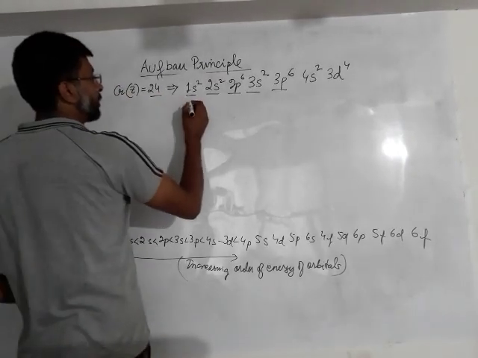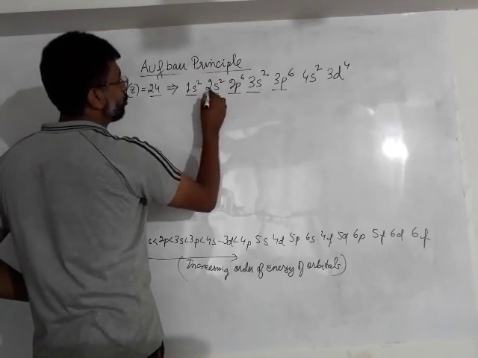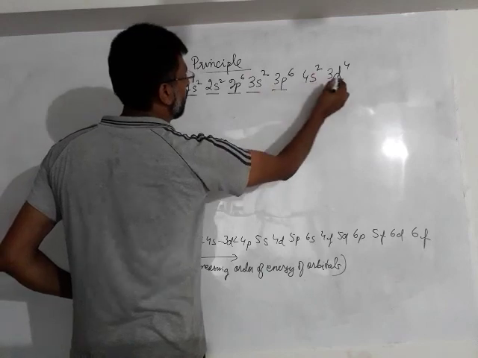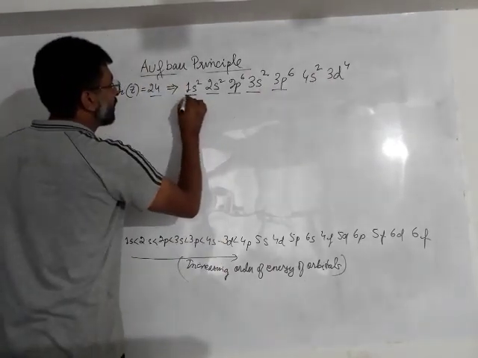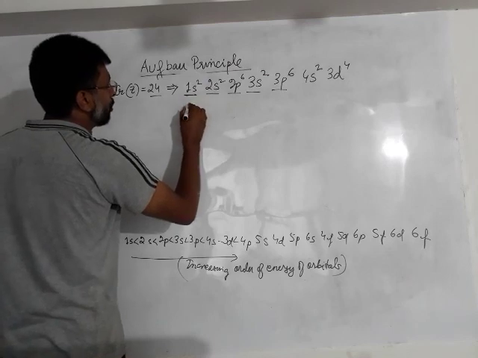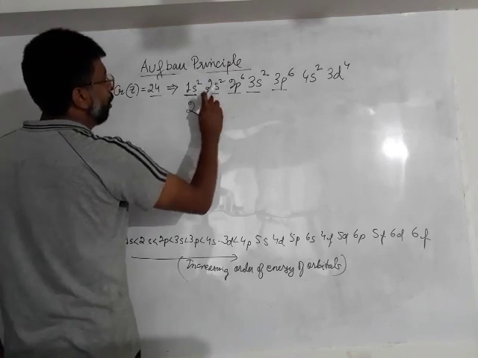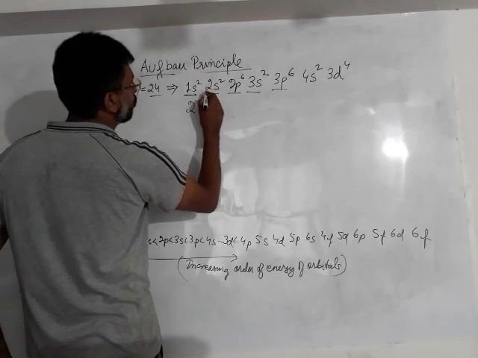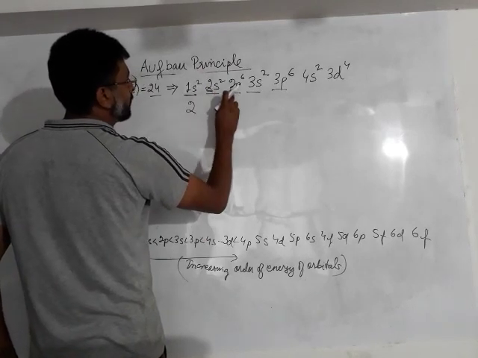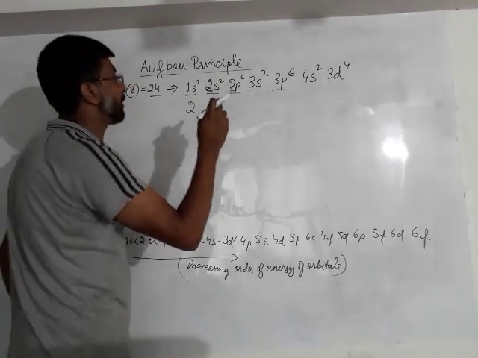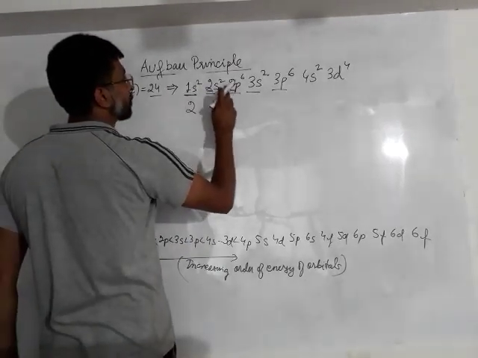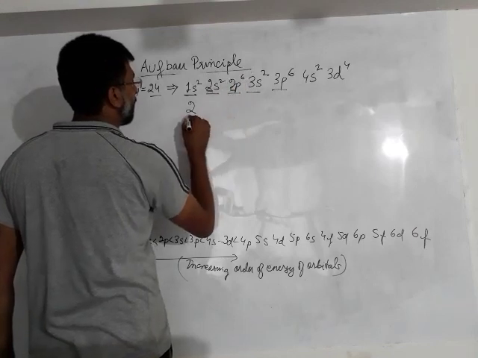Now let us check. 1s, 2s, 2p, 3s, 3p, 3d. The 1s subshell has 2 electrons, so I write 2. For the second shell, 2s2 and 2p6 give a total of 8 electrons.